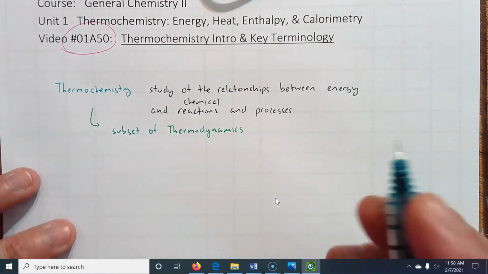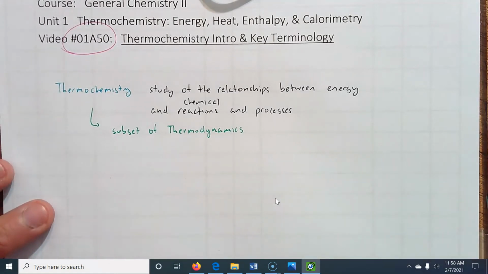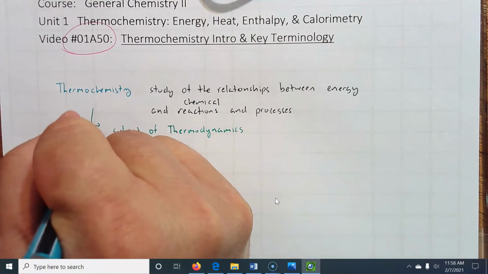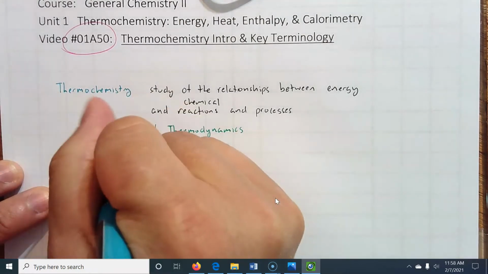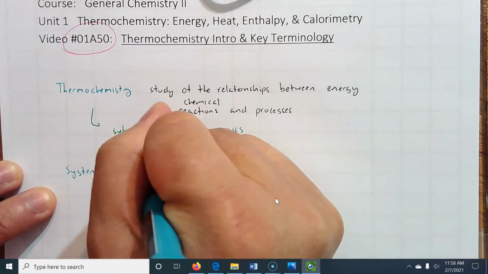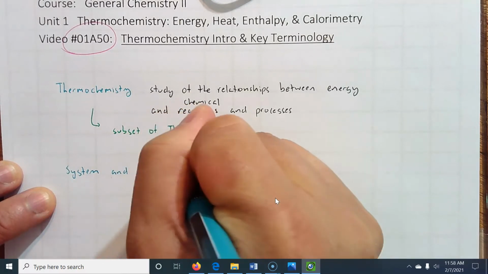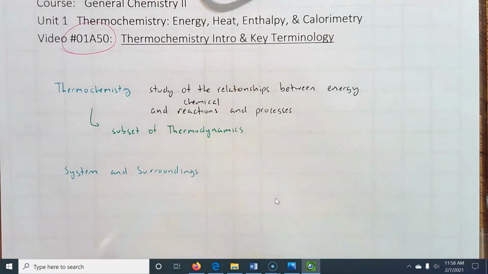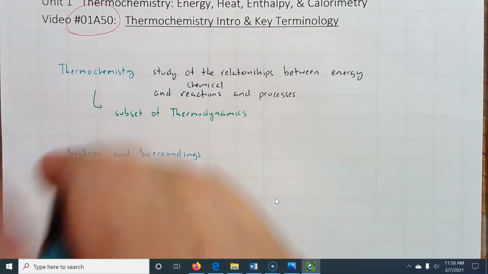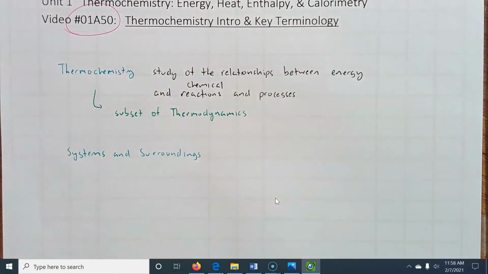Next, I want to differentiate between system and surroundings. It's going to be very important that you differentiate between systems and surroundings because your professor may ask for the energy change of the air around a reaction, and you have to decide, is your professor really asking about the system or the surroundings?